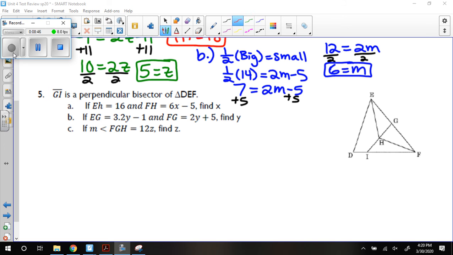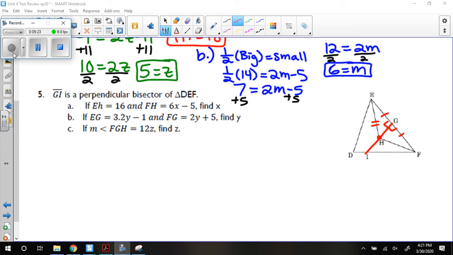Number 5, you are told GI is a perpendicular bisector. Okay, so we've got from G to I, we are perpendicular, and it's a bisector. So you are told EH, that's this piece here, which we know, for a perpendicular bisector, any point on it, like H, is going to be equidistant to the endpoints of the segment.